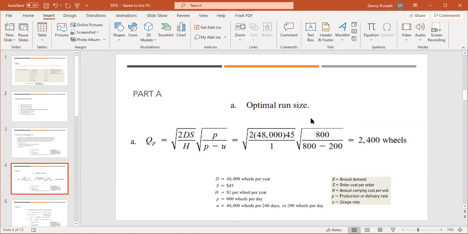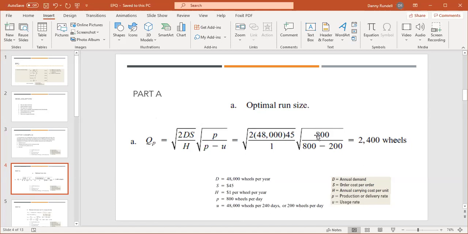So for the first part, your optimal run size, you're taking that first equation from the model and plugging in these numbers here. And the order that you want to solve this, if you're punching it into your calculator a bit at a time, which I'd recommend instead of playing with parentheses, is to solve this multiplication first, do the division, do the square root of the number that you get from all this.